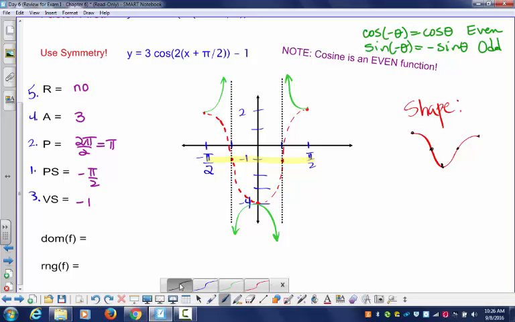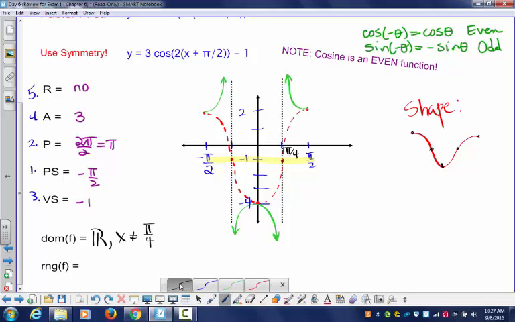Domain and range. What's the first non-negative asymptote? π/4. So between 0 and π/2, that's just halfway in between, so that's at π/4. So that's the first non-negative asymptote.